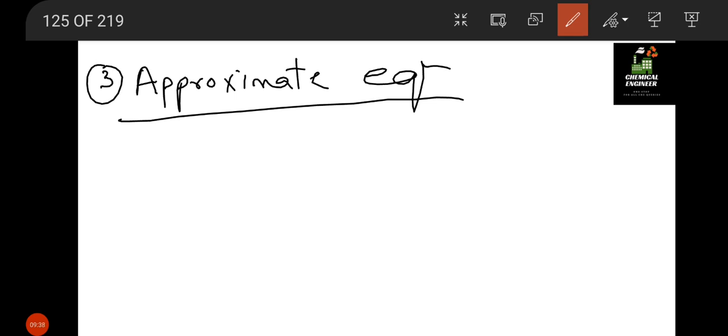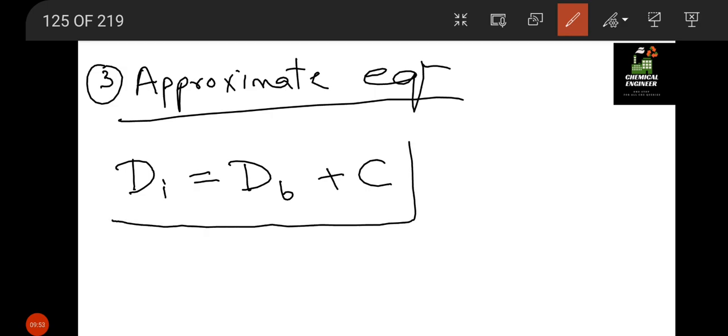So how to calculate shell diameter? Here we have the approximate equation: shell diameter equals bundle diameter plus C. Now what is C?